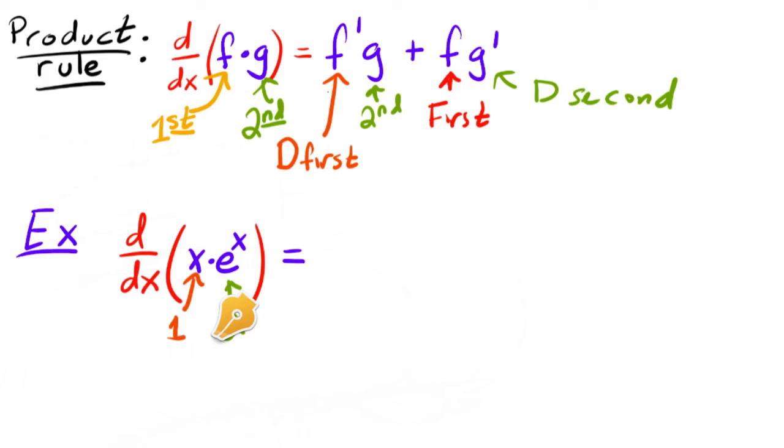Okay, so let's just go through this. So the derivative of the first, so the derivative of x, is simply the number 1, right?